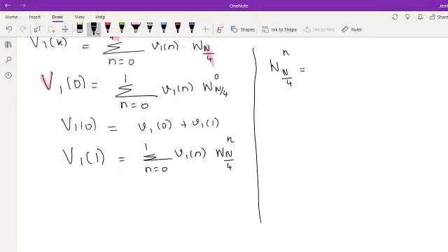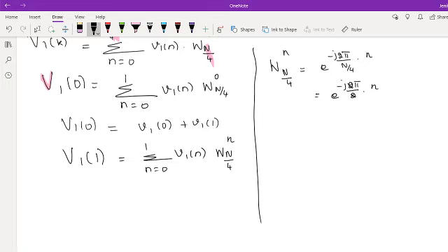That is equal to e power minus j 2 pi by N by 4 into n. So right, for this case N is 8. So e power minus j 2 pi by 2 into n. So now this and this value are getting cancelled. We have the term e power minus j pi n.